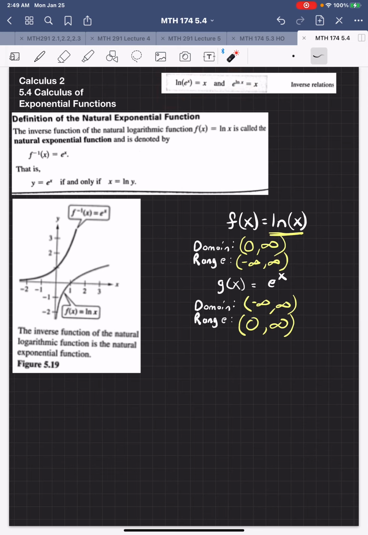Do you remember in the previous lesson, if you had f of g of x and you get x, that tells you they're inverse functions? Then you can see how ln of e to the x is just x, or e to the ln of x is just x. So these are indeed inverse functions.